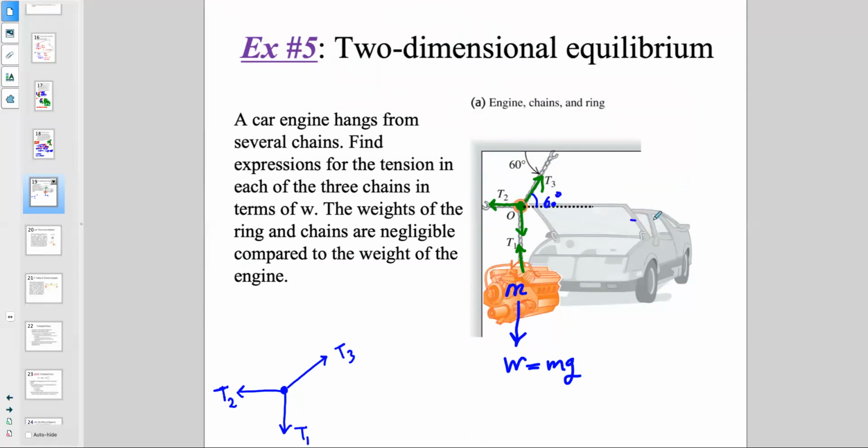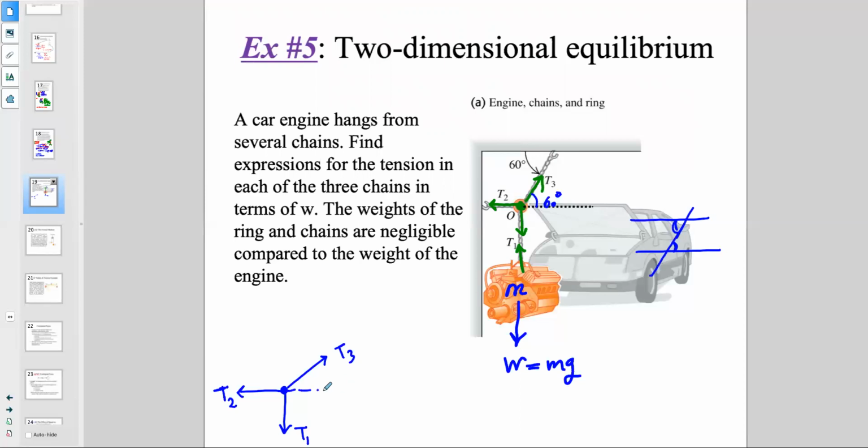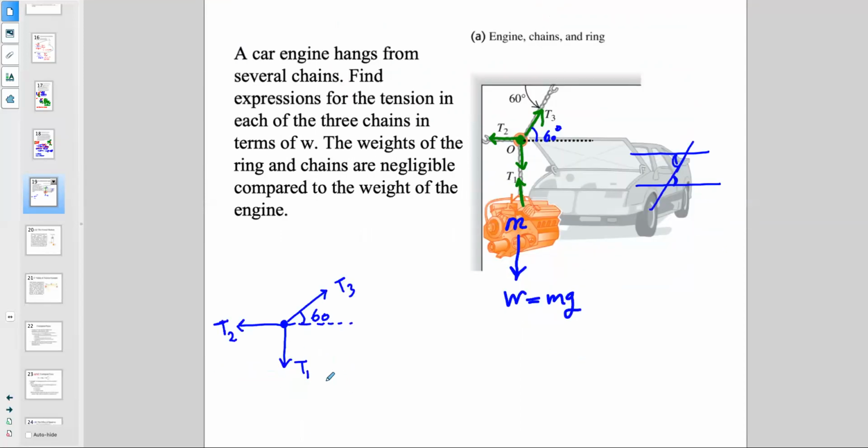Because if you have two parallel lines and one line going through them, making equal angles, these two angles are the same, which is the exact same thing happening here. 60 degrees up there, 60 degrees down here. So I have 60 degrees down here as well.